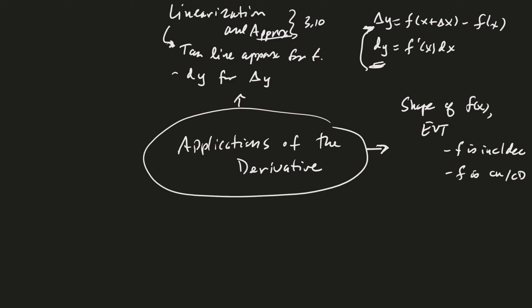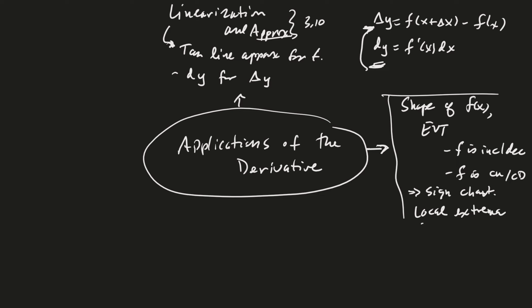And so that's going to entail finding the sign of f prime and f double prime. And so we might have to do some sign chart stuff here. Okay, and so that's what we mean by the shape of f of x. We also defined local extrema and global extrema.